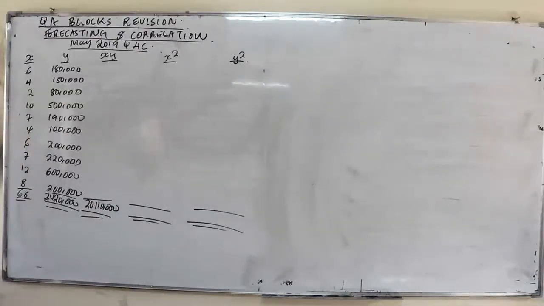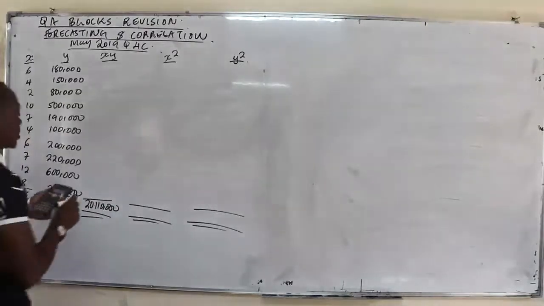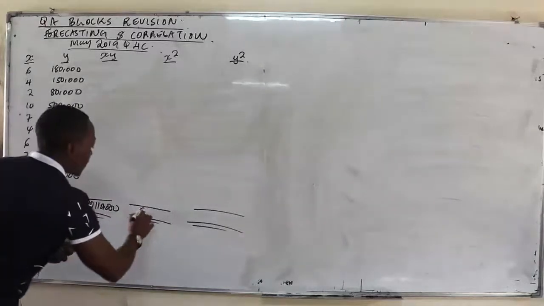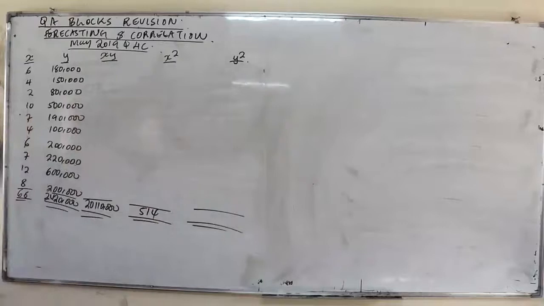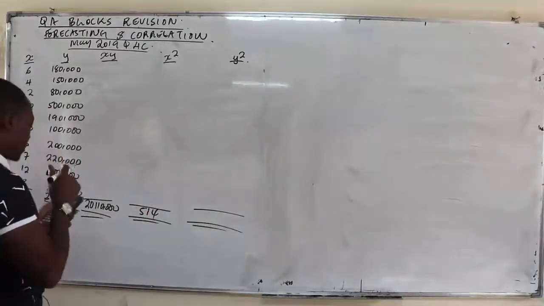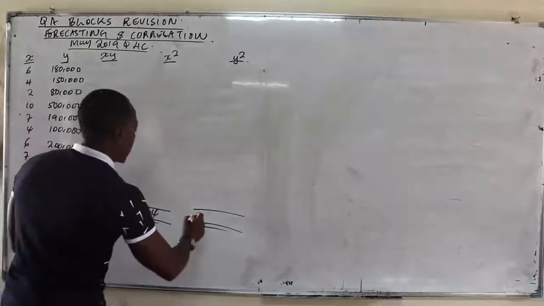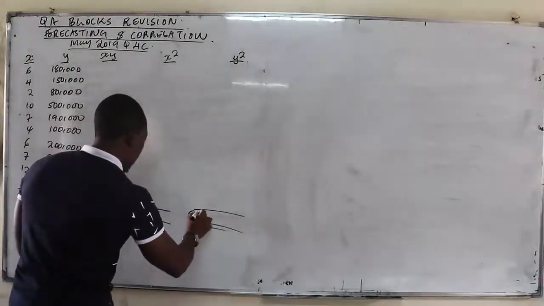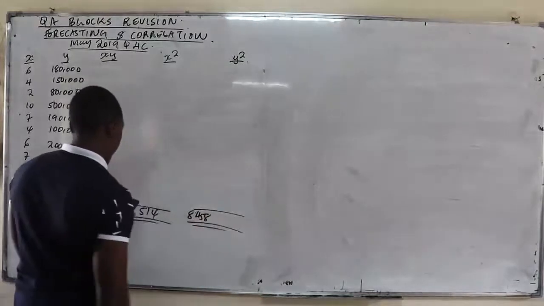Then summation of X squared is 514. Then summation of Y squared is 8,458 billion.